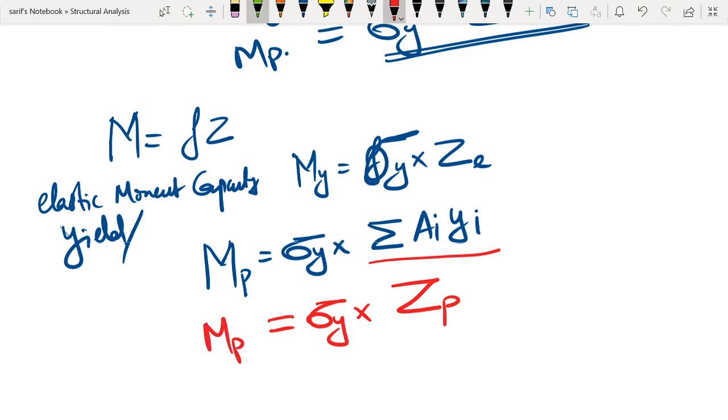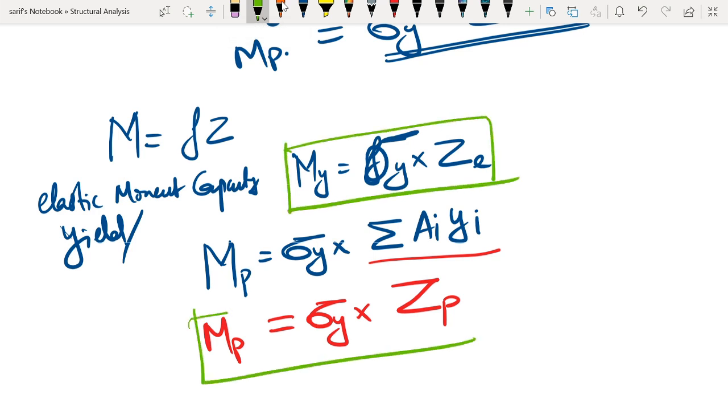If you look into this, these two formulas are now analogous, and if Ze is the elastic section modulus, Zp we can call the plastic section modulus.